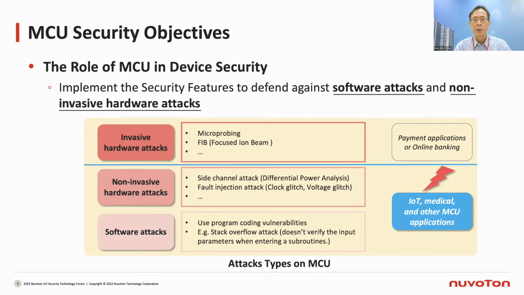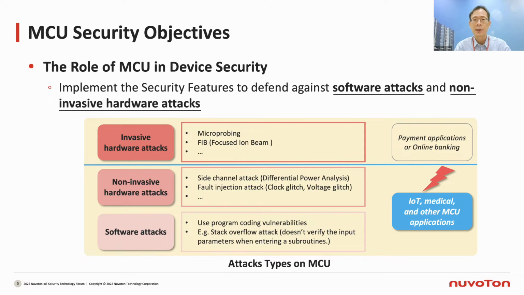So the next question to consider is how to ensure that the data on the IoT device, or more precisely, the data on the MCU is correct and not tampered with. Let's start with the types of attacks the MCU may suffer from. Attacks against the MCU can be divided into software attacks, non-invasive hardware attacks, and invasive hardware attacks.